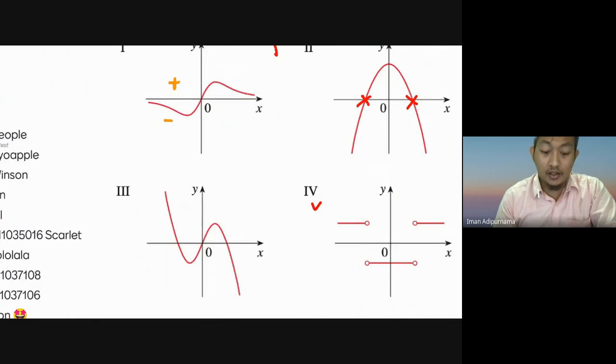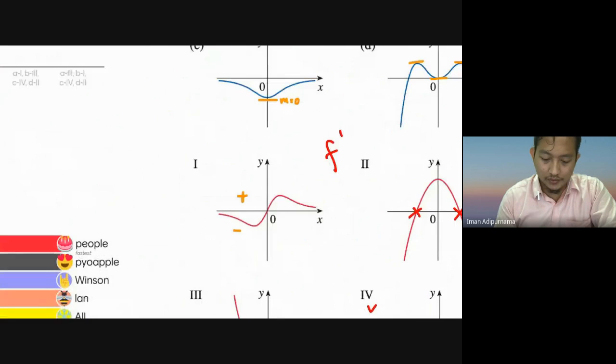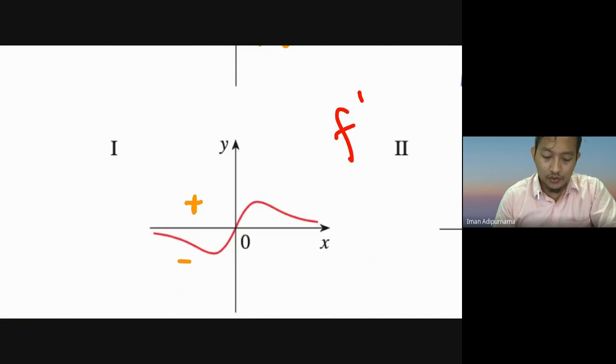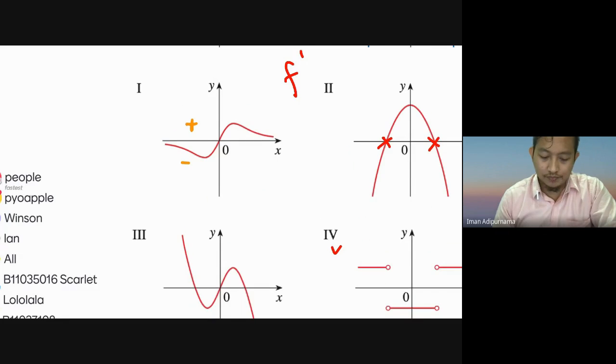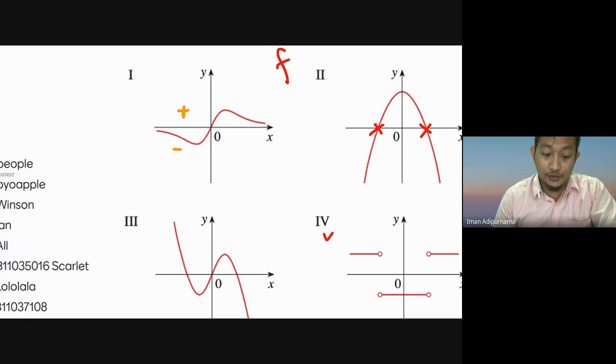And the same thing happens with the others. For example, what else do we have? Here, the gradient in the middle is 0. So we need to find the one that crosses 0. We have two options, 1 and 3, right?